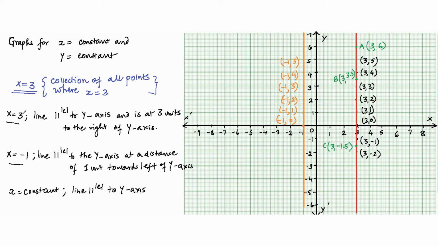When x is equal to 3, it was towards the right of the y-axis at a distance of 3 units, whereas when x equals -1, it is towards the left of the y-axis at a distance of 1 unit, right? So this is what we can conclude. When x equals constant, the line is always going to be parallel to the y-axis. So let us now draw a few more graphs.